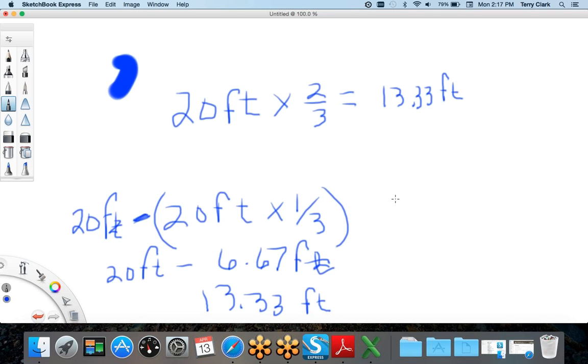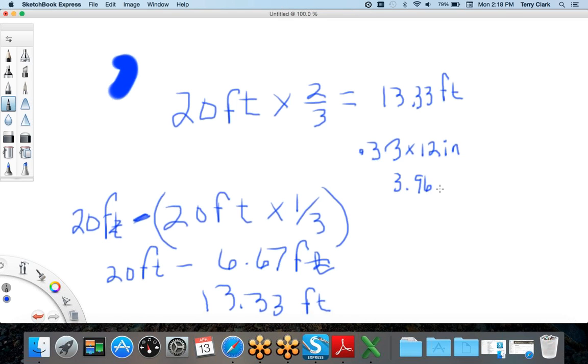Yeah, you're right. We have to convert to feet and inches. So that 0.33, we'll take the 0.33 and multiply it by 12 inches, because that's how many inches are in a foot. So 0.33 times 12 will give us 3.96, which we'll round up to 4.